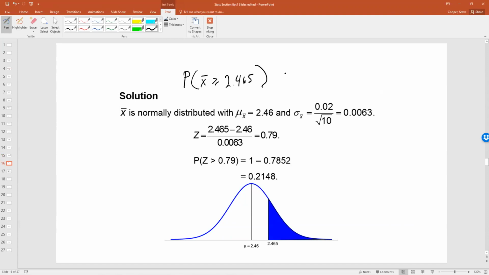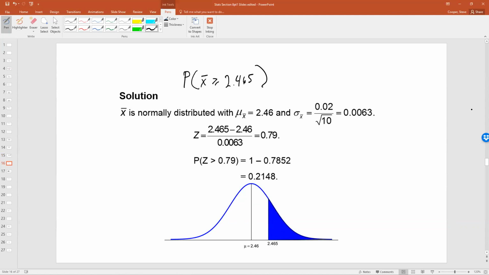So this would be equivalent to a probability of Z being greater than 0.79. So if we go look up a Z-score for 0.79, that gives us the less than, that gives us this area that's white. Since we're calculating the complement of that, we'll go ahead and complement it, and we get an answer of 0.2148.